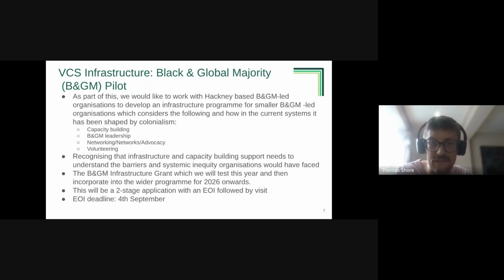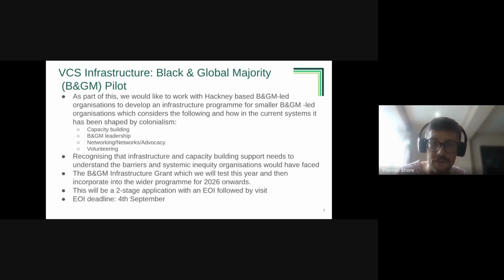It's recognising that infrastructure and capacity building support needs to understand the barriers and systemic inequity organisations have faced and continue to face. The Black and Global Majority Infrastructure Grant will test this year and then be incorporated into a wider programme for 2026 onwards.